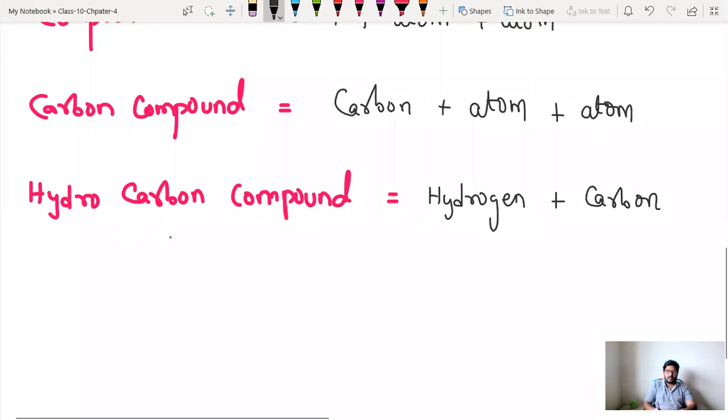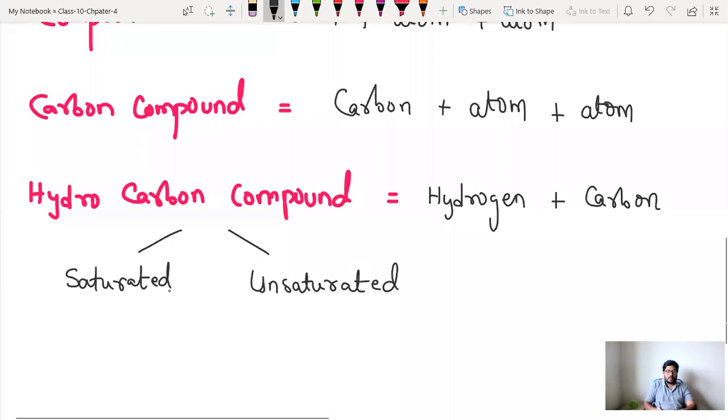Hydrocarbon compounds are of two types. First one, saturated hydrocarbon compound. Second one, unsaturated hydrocarbon compound. What is saturated? If you find single bonds, we can call that one saturated.